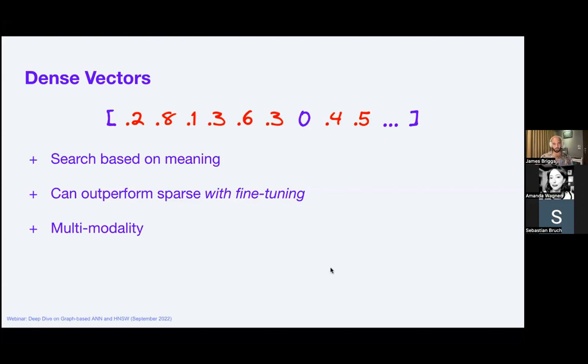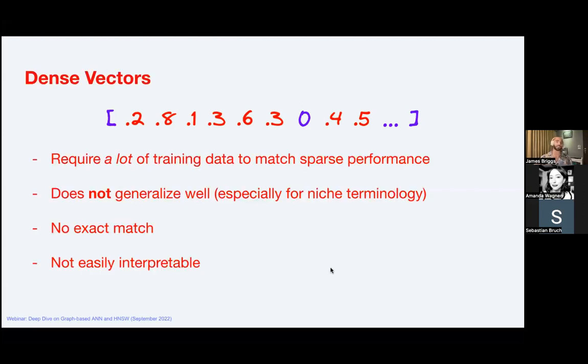But there are definitely a few issues with dense vectors as well. So I mentioned before, you need to train these dense embedding models in order to match sparse performance. So sparse embedding models, they have a good baseline performance. And in order to surpass that with the dense embedding model, you have to train the model in most cases. They don't generalize well.